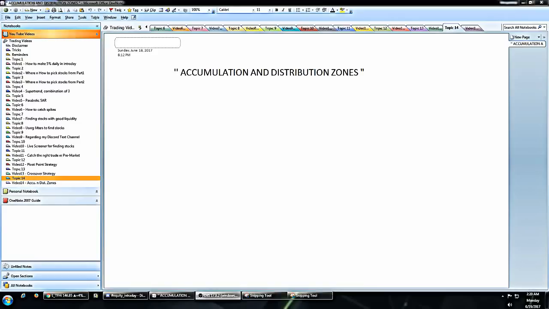So having that said, let me give you a brief description about the two zones I'm talking about. Also, I would like you to note that we check the zone information in a one-day chart rather than in a smaller time frame.